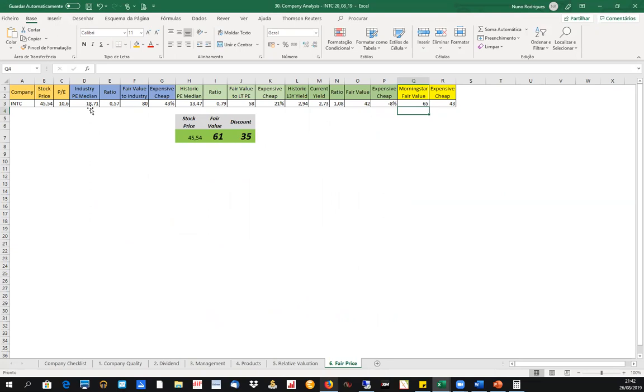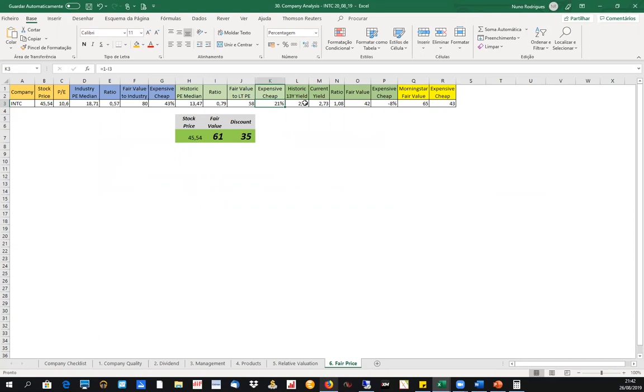Now we have the price earnings of the sector, and we can see that Intel is 43% cheap if we just compare against its industry. But when we look back to its historical price to earnings, it's 21% cheaper, all right?